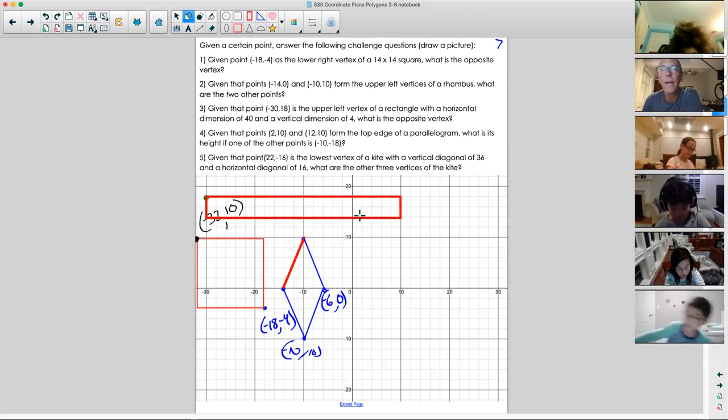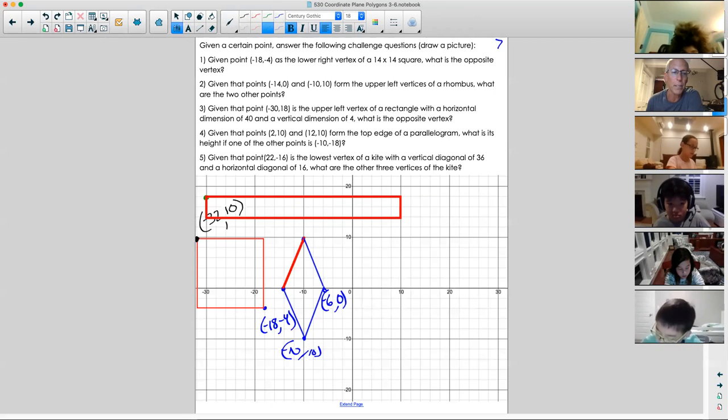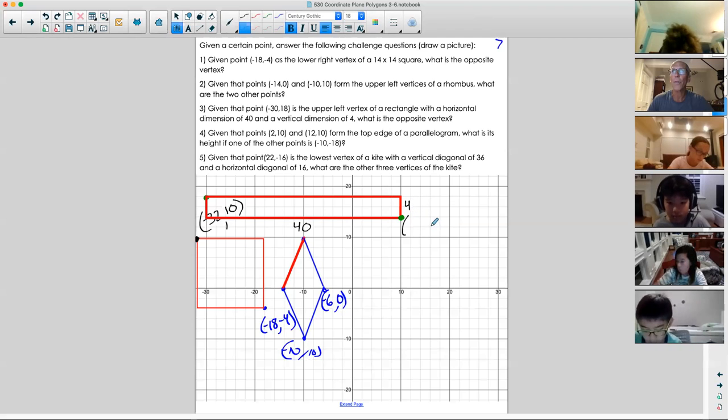Does your picture look like this? Sorry about that, guys. And guys, do you agree that the horizontal distance I just drew was 40? And do you agree that the vertical distance was 4? Does anybody not agree? Because I'd really like to hear your thoughts about this.